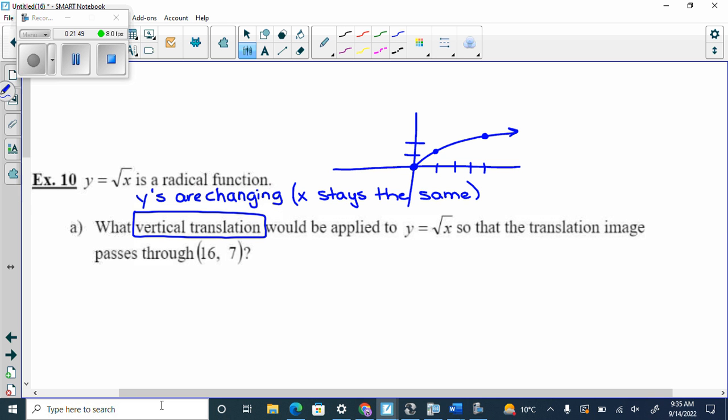So what vertical translation would be applied to y equals root x so that the translated image passes through 16, 7? They're asking what vertical translation would there be so that I get 16, 7 when it moves? So this time it's giving me the answer.